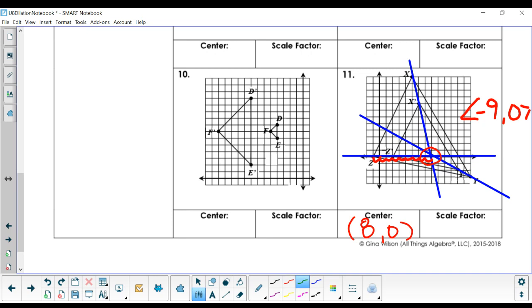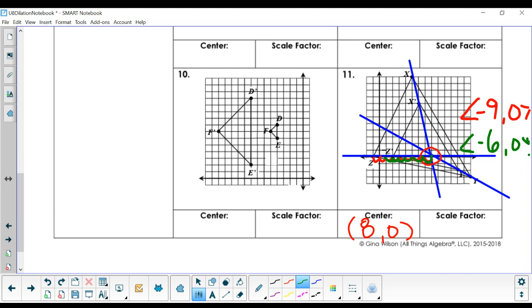Okay. Now we're going to count from here to our Z prime. 1, 2, 3, 4, 5. Did I count that right? 1, 2, 3, 4, 5, 6. So it is actually 6, because I'm covering up stuff and hopefully you can see it better on your screen. Okay. So -6, it did not go up and it did not go down.